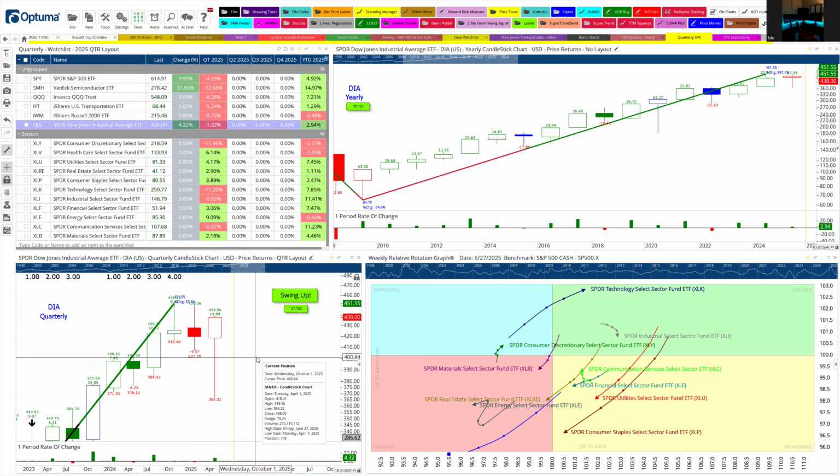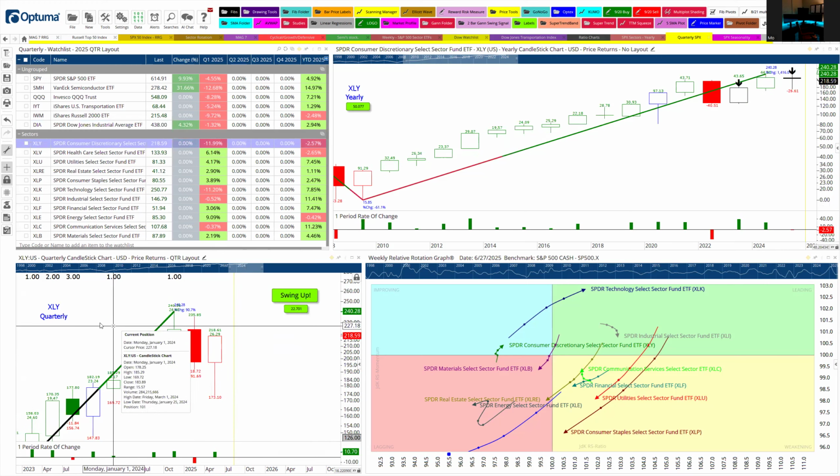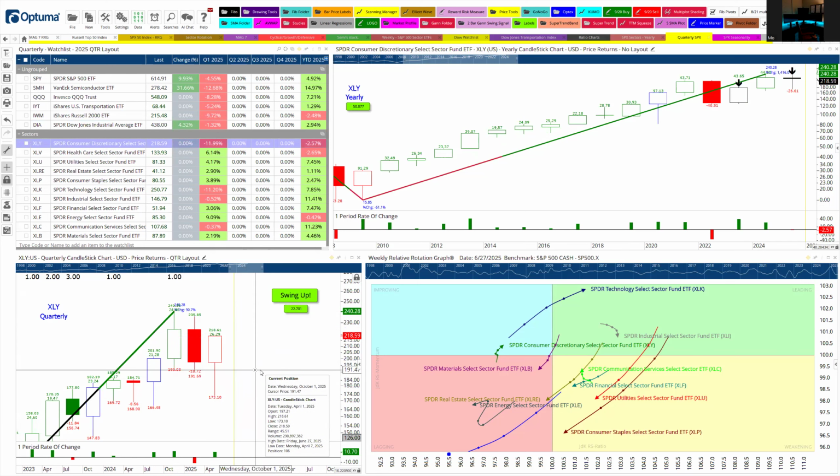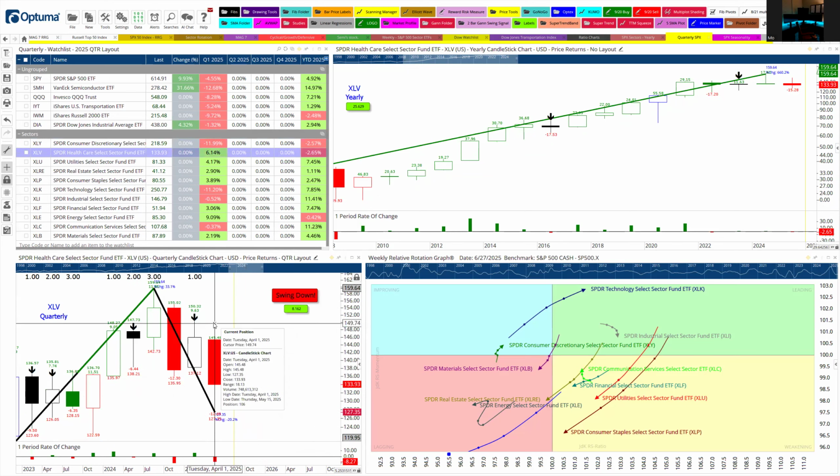That's it. There are a few names that you could definitely consider and play, but the rest is just big names. They're all in those and Qs. Look at the other sectors. XLY, two quarters lower, two down. Healthcare, swing is down for 3 quarters in a row.